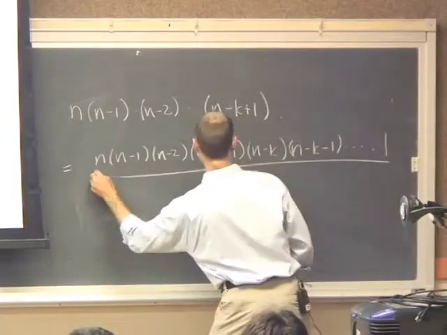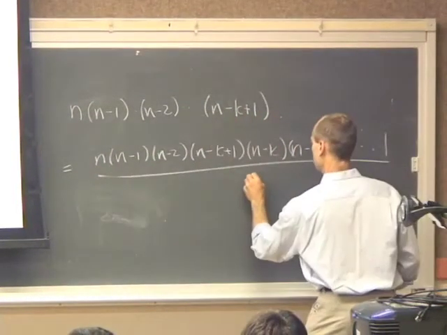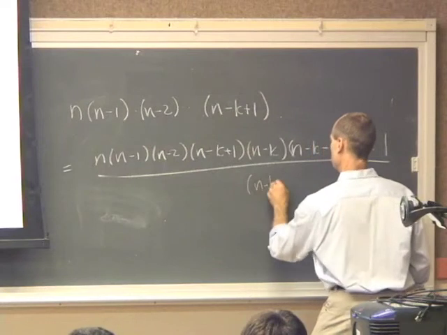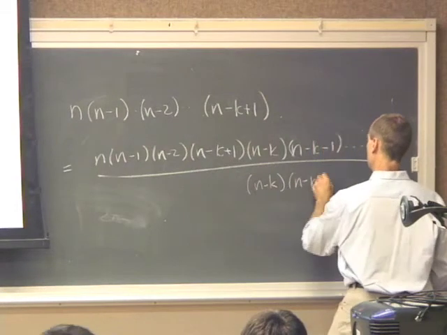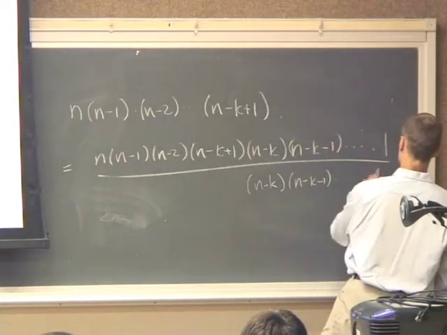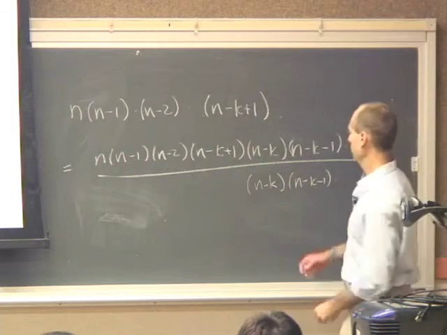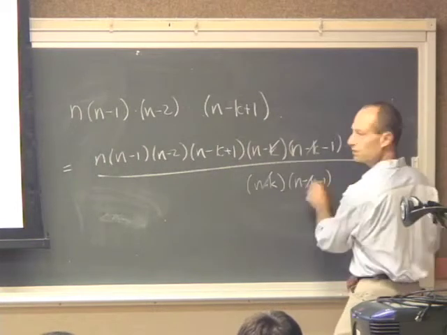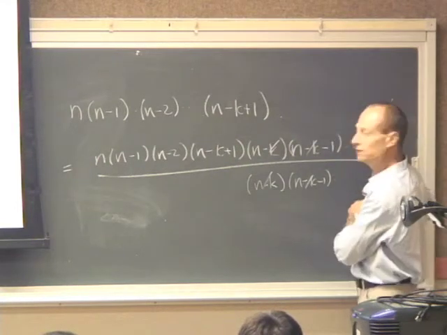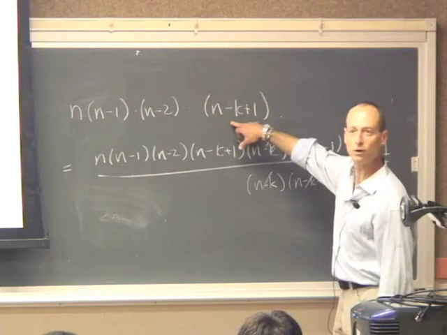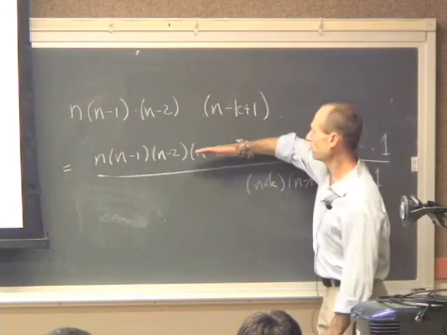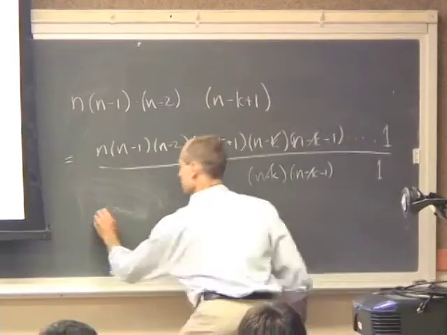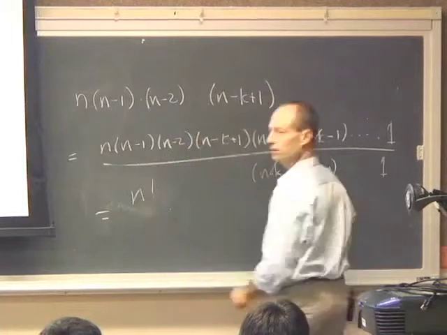If we divide off n minus k times n minus k minus 1, on down to 1, right? So that would cancel that, that would cancel that, etc. Those would all cancel, and it would leave us with what we had before. Okay, but this product in the numerator is n factorial.